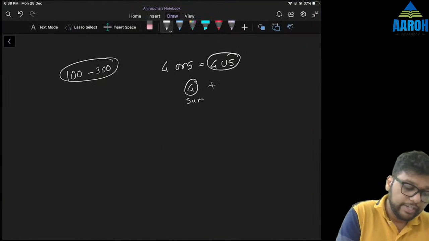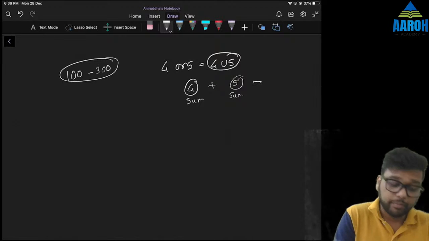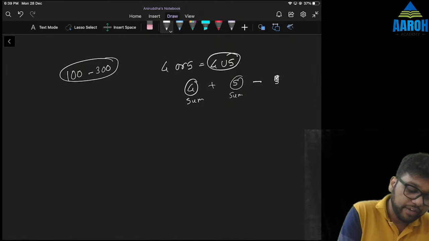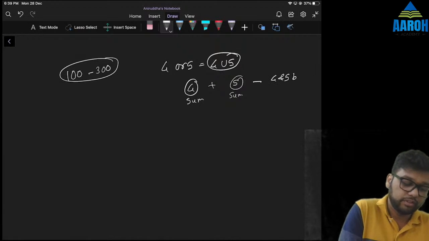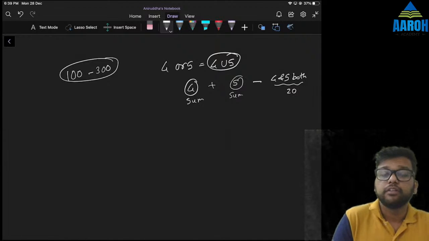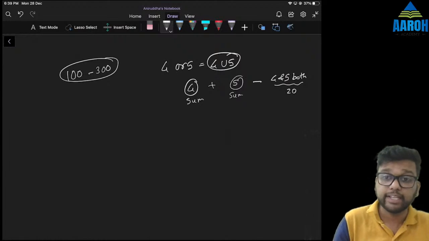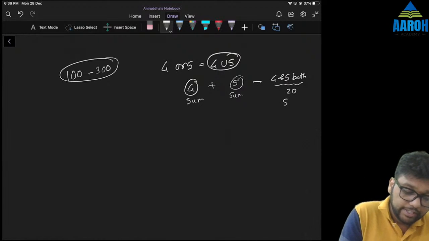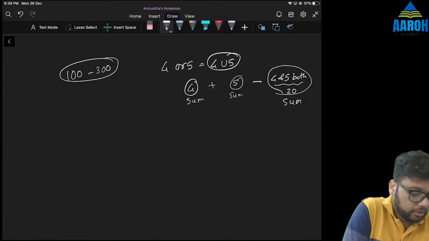Then we need numbers divisible by 5, the sum of that, and we have to subtract numbers divisible by 4 and 5 both. That is 4 into 5, 20. Numbers divisible by 4 and 5 both means numbers divisible by 20, which is their LCM. So we need the sum of these also. Okay, so let's calculate all three.